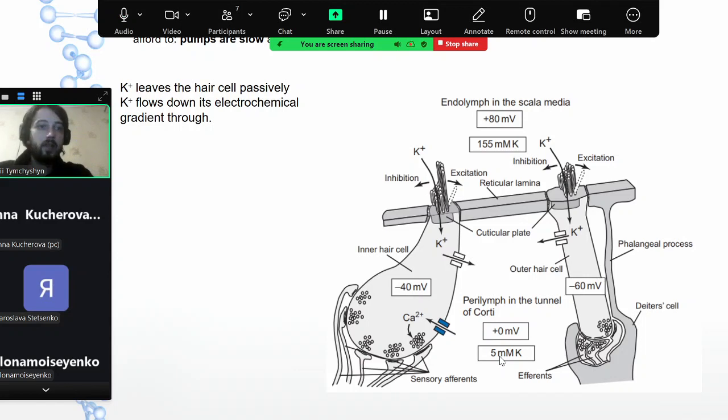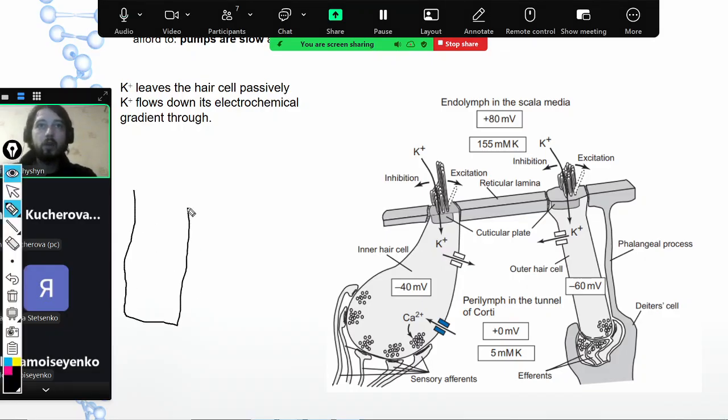So the idea is, you have two very large pools, one with very high potassium and one with very low potassium.